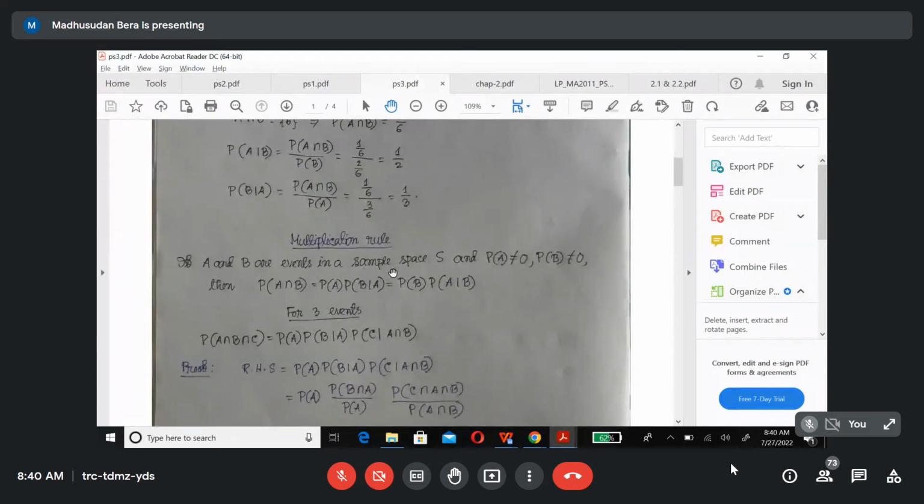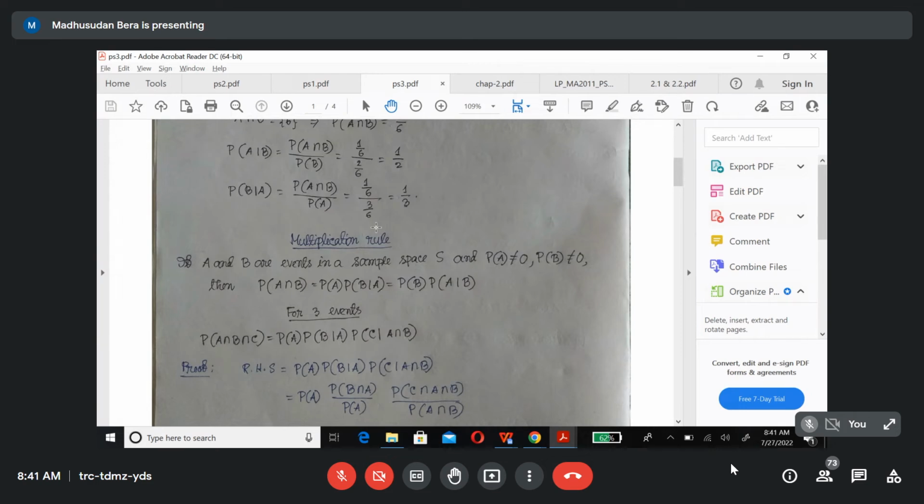If A and B are events in a sample space, P of A not equal to 0 and P of B not equal to 0, in that case P of A intersection B is P of A into P of B given A, or P of B into P of A given B. This is called the multiplication rule. Multiplication rule is okay? Yes, sir.